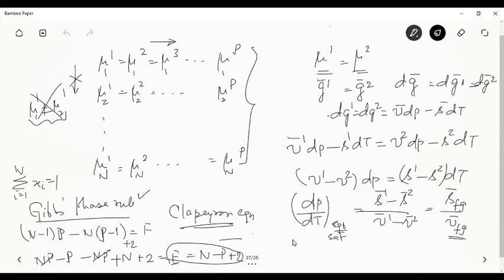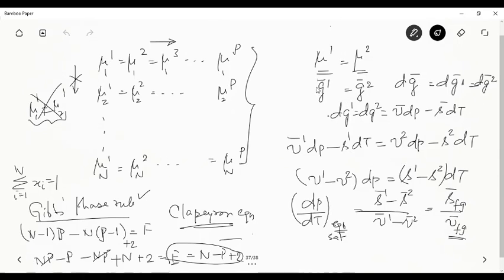The other thing that we said is that for liquid vapor equilibrium, or any phase equilibrium for that matter, mu1 equal to mu2, or g1 bar equal to g2 bar for a pure substance. And therefore dg1 will be the same as dg2, because if there is any change, then both of them will have to change simultaneously.